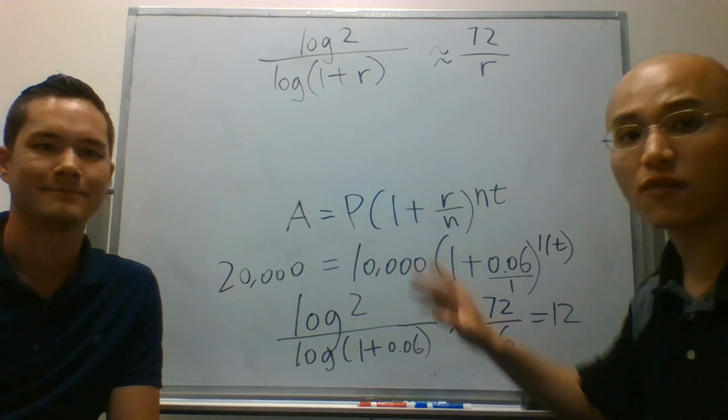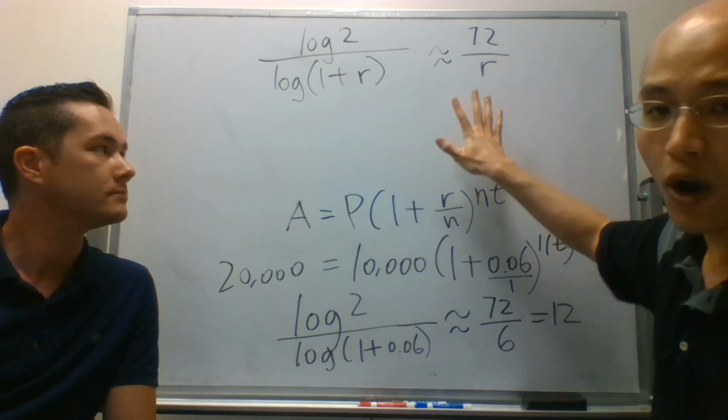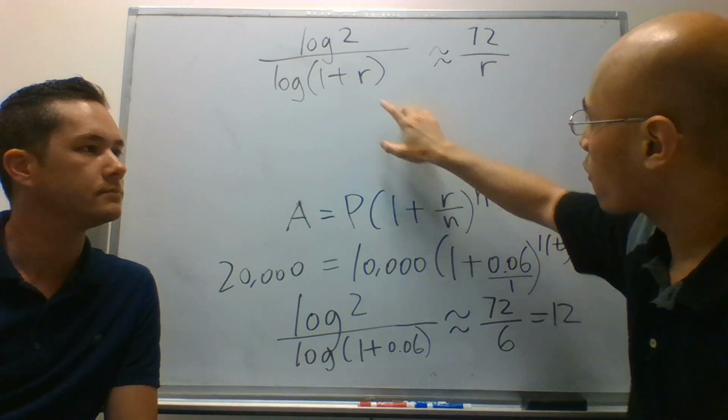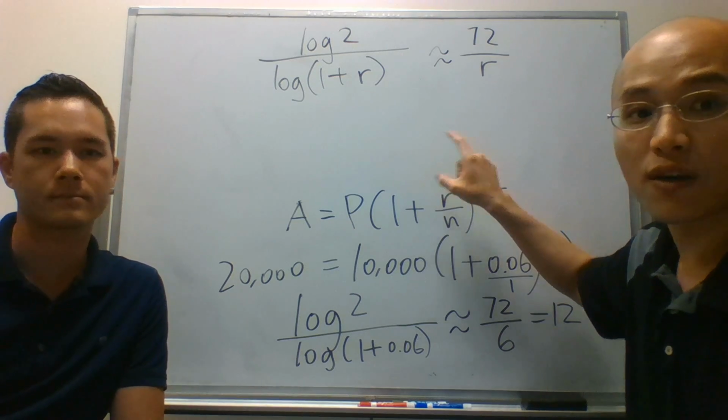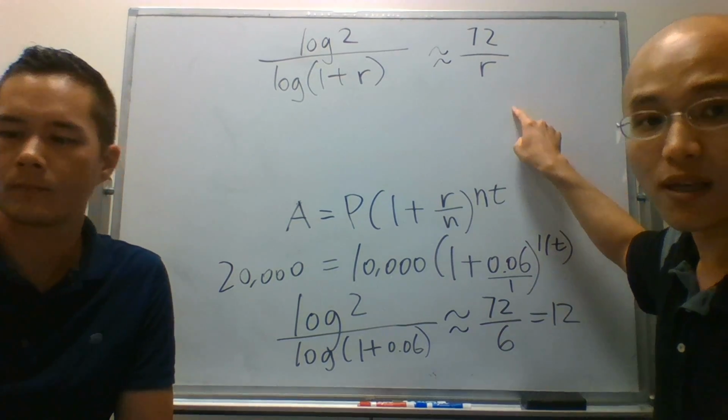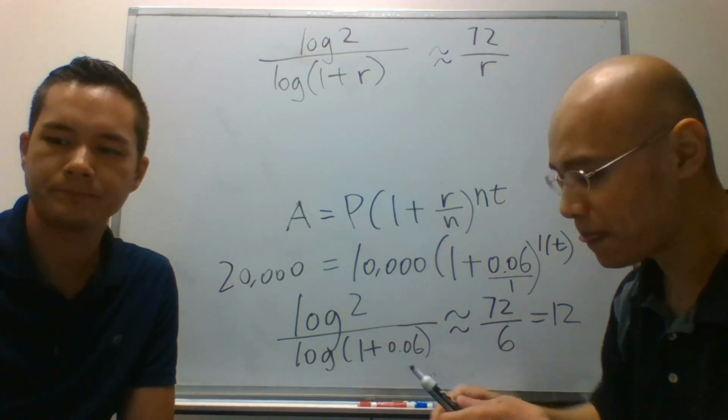Okay, and I encourage everybody to do that at home. Just try that out for a few different values of r to convince yourself that this is what you end up with, roughly speaking. Okay.